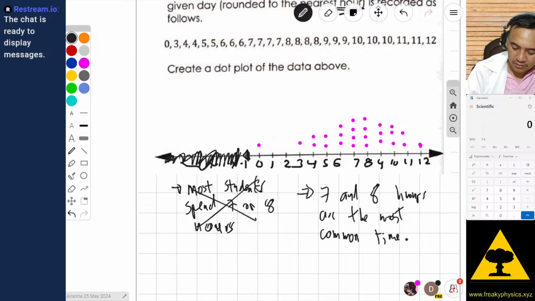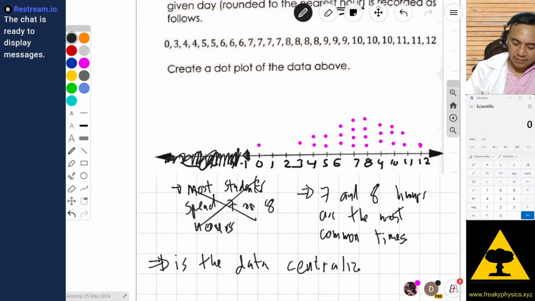Now, another thing you can see here is whether the data is centralized. I'm going to say it this way first. Is the data centralized? And the other question we can ask is, is the data spread out?